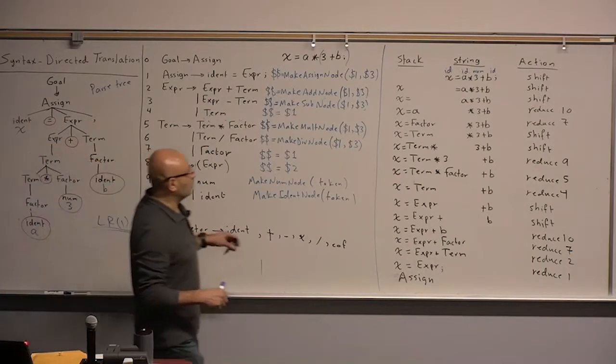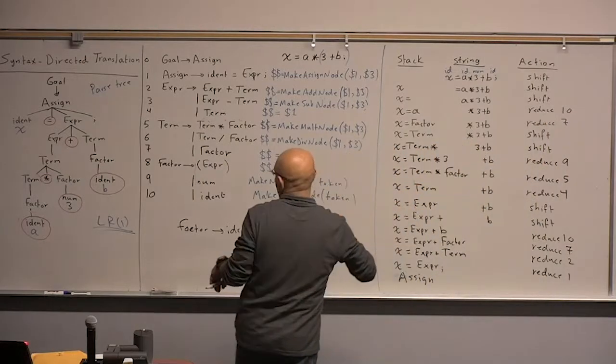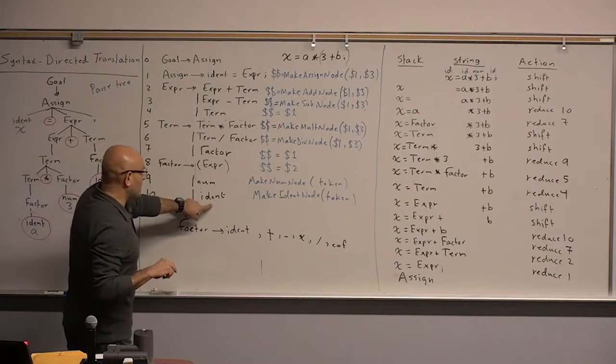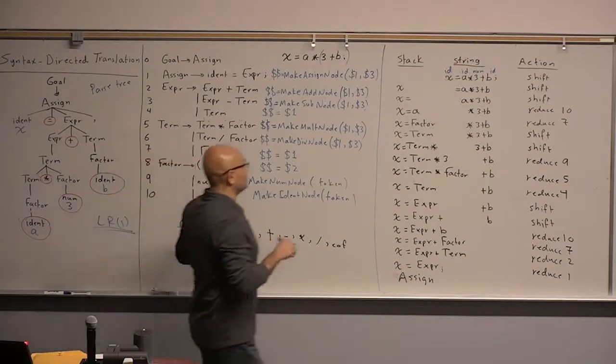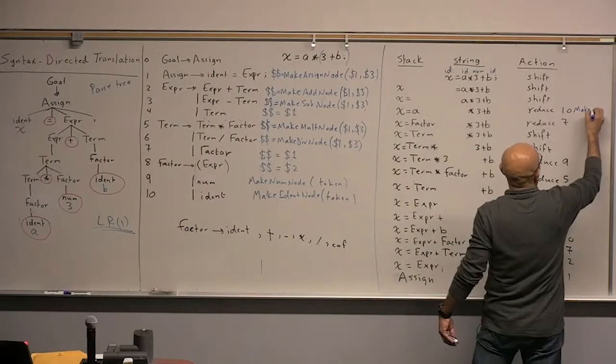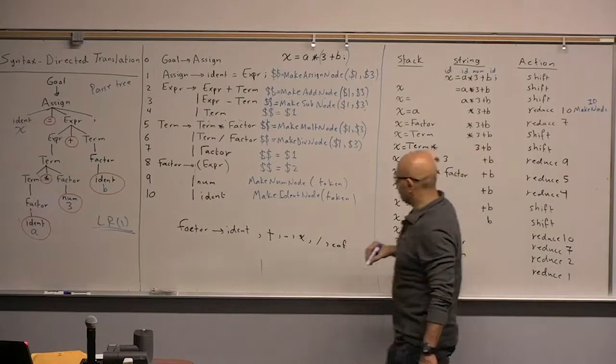Okay, so reduce 10. Here we are creating a node for the identifier, so we are doing a make node here. Make an identifier node.